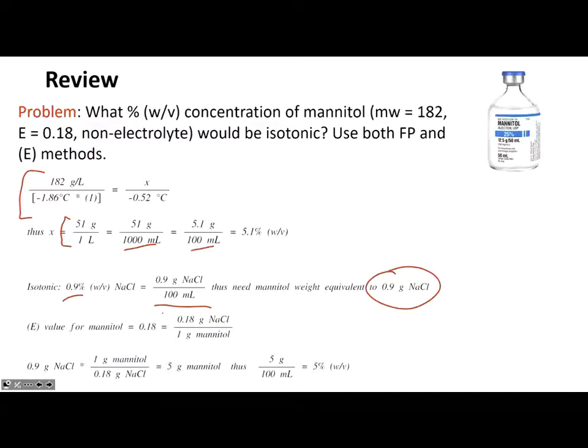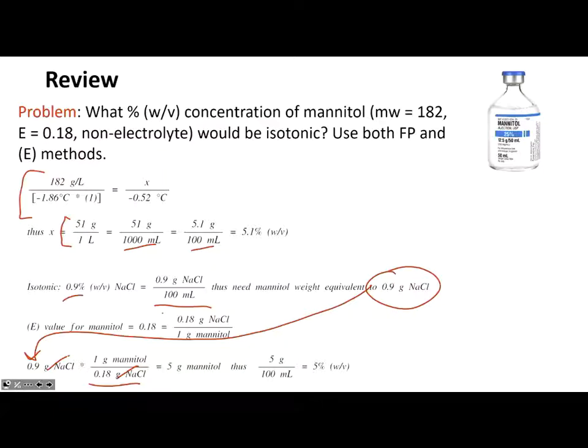All right, well, there's our E value. Remember, 0.18 means 0.18 grams of sodium chloride per gram of mannitol. So if that's the amount of sodium chloride I need to mimic, and this is my E value set up so that my units cancel, if I take 0.9 times 1 gram of mannitol over 0.18 grams of sodium chloride, you see where grams of sodium chloride cancel?